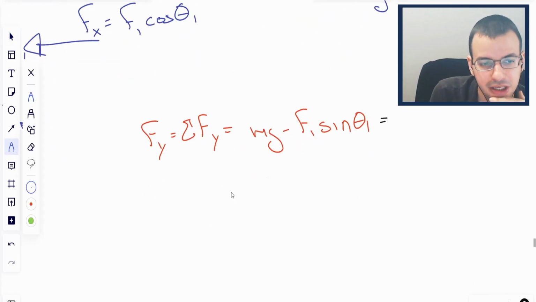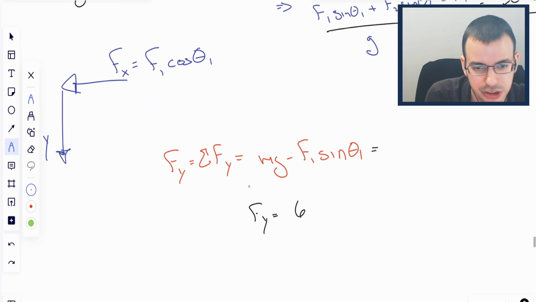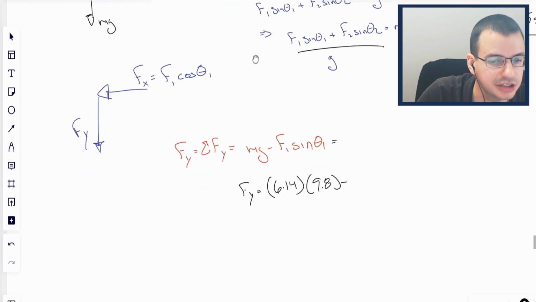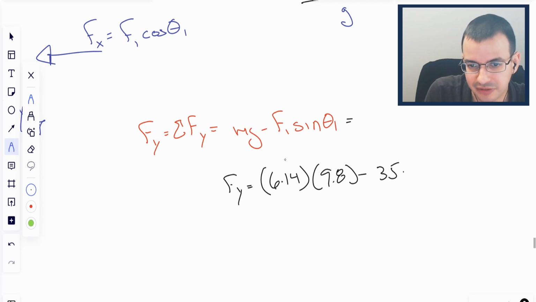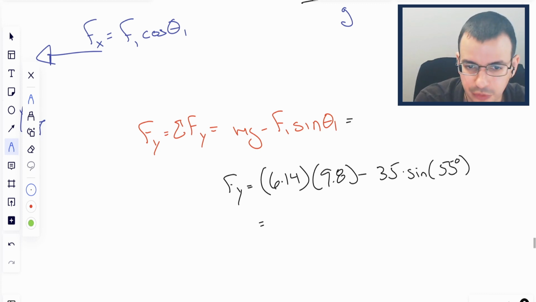Okay. So then, the sum of all forces in the Y direction is going to be mass gravity. So mass is 6.14 times gravity, which is 9.8, minus F1, which I think was 35 newtons, times sine 55 degrees. I'm just going to put a number to that. So we're going to have 6.14 times 9.8 minus 35 times sine of 55 degrees.